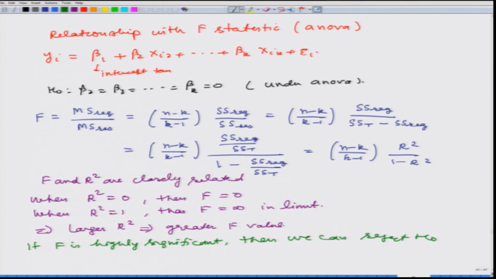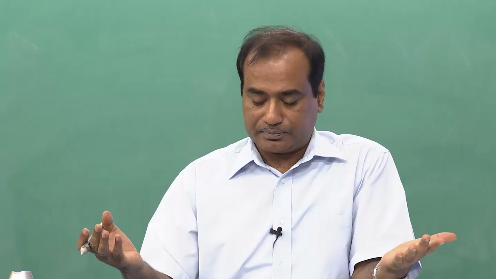And when we reject the hypothesis H naught, all the variables x2, x3 up to xk are relevant variables and they are helping in explaining the variation in y. So I can conclude that y is linearly related to x2, x3, up to xk, and that is what we had also said in the case of analysis of variance, that this is a test of overall adequacy. So one can see that there is a close connection between the F-statistic of analysis of variance and R square, and their interpretations are also related.